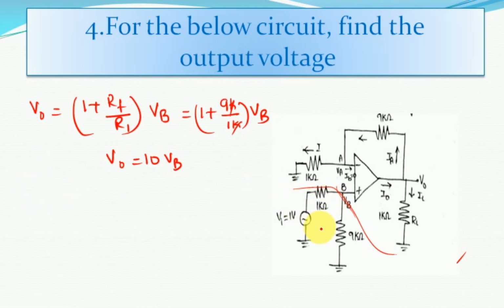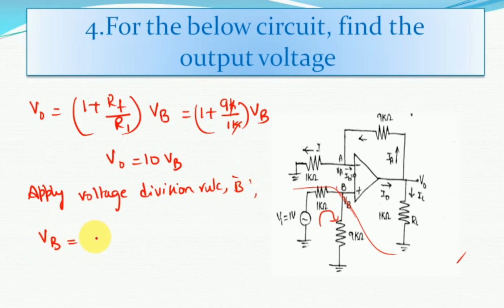Now how will we find the value of VB? Simply we will apply the potential division rule at this node VB. So by applying the voltage division rule at node B, we get VB as total input voltage Vi into the corresponding branch impedance 9K by total impedance, that is 1K plus 9K.